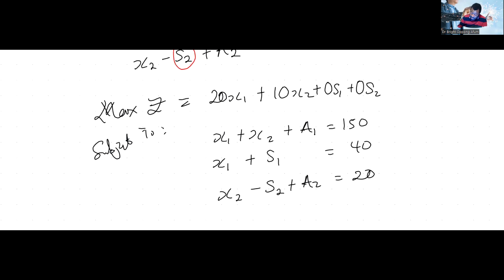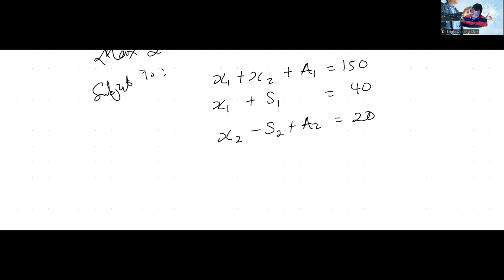Then it's a maximization problem and we have artificial variables a1 and a2. So we want to use the big M. Remember, big M is very big. And because we don't want it to contribute to the function, it should be negative big M a1, then negative big M a2, right?